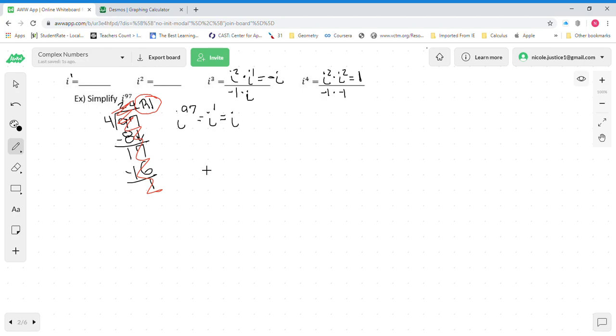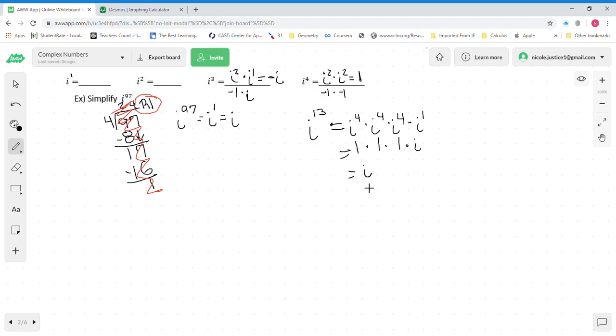Now, if you need some more examples to understand what's going on, let's say we take i to the 13th. This is really the same thing as multiplying i to the fourth times i to the fourth times i to the fourth times i to the first. So when we add all these up, 4 plus 4 plus 4 plus 1 is 13. And if you look at this, i to the fourth is 1, i to the fourth is 1, i to the fourth is 1, and i to the first is just i.